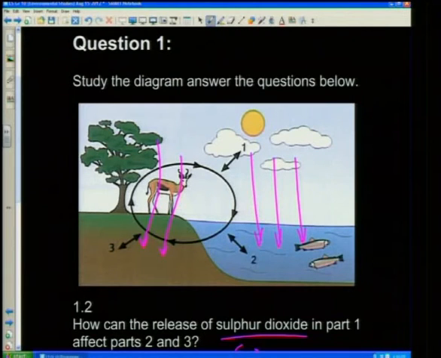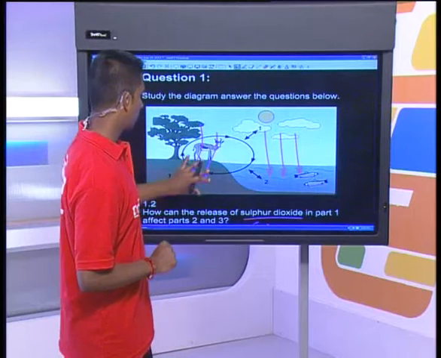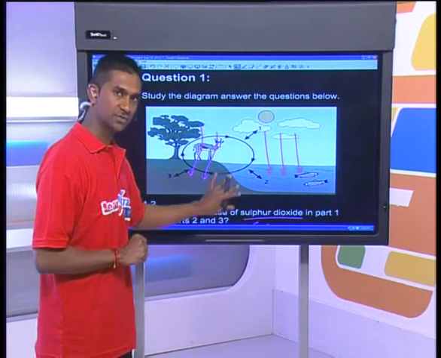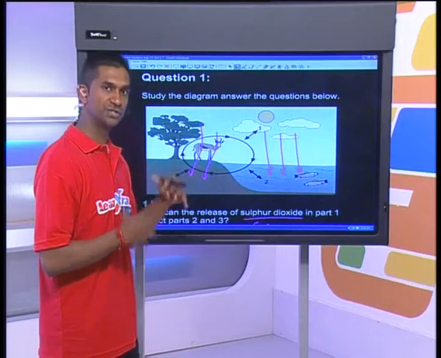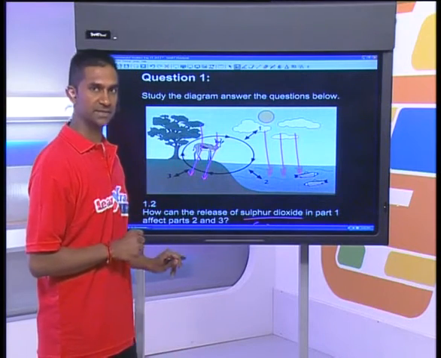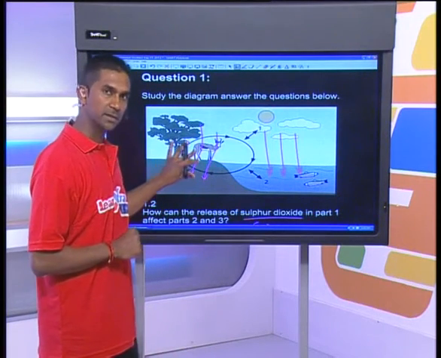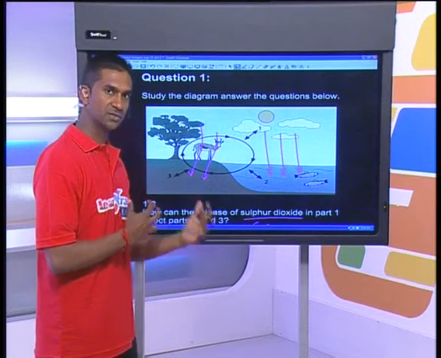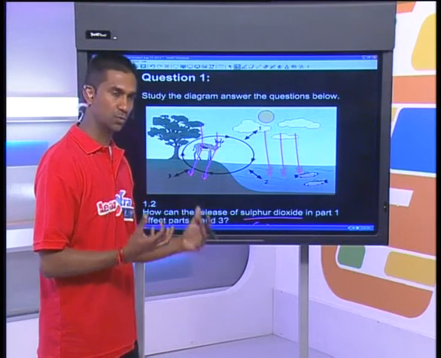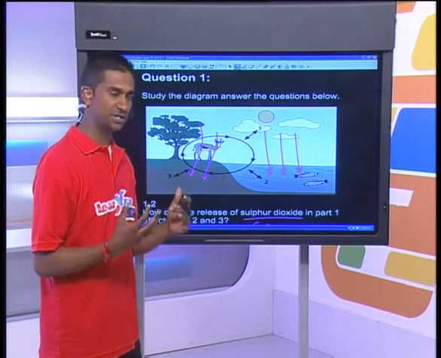What would happen to the pH of the water? The water will become slightly acidic. What would happen to the pH of the soil? The pH of the soil would change. That will also become acidic, meaning that the plants that rely on the soil for their nutrition, for the water, would be affected by the change in pH.